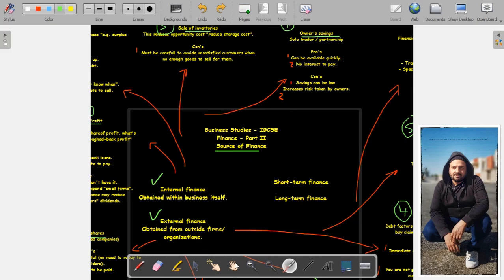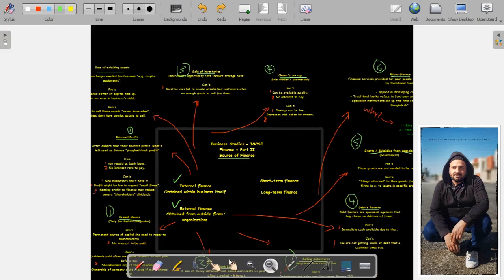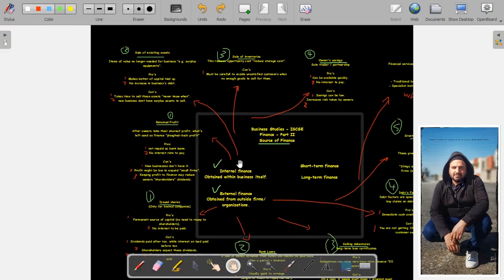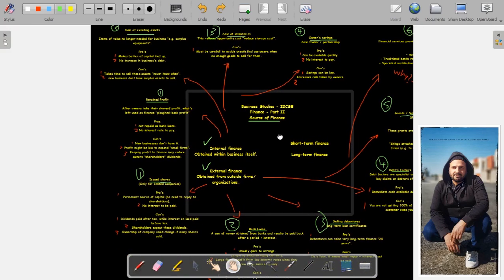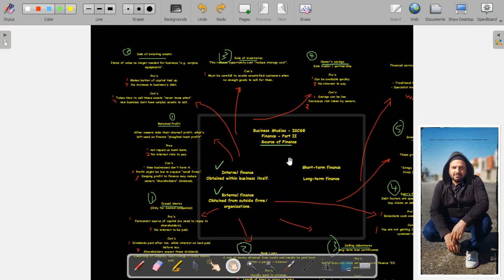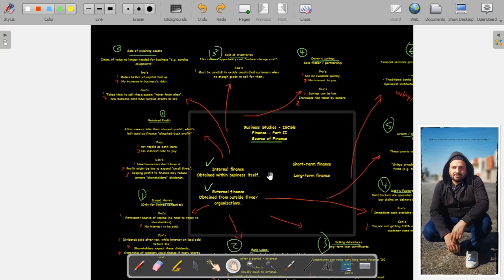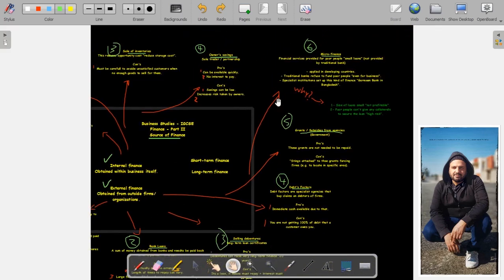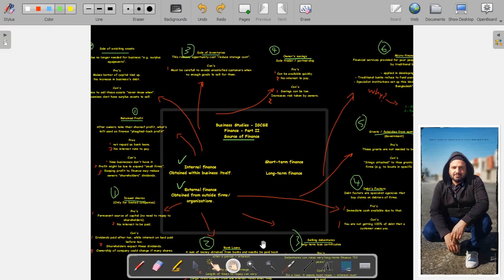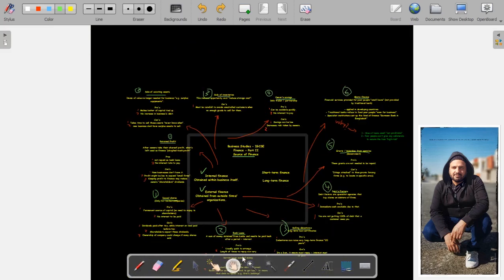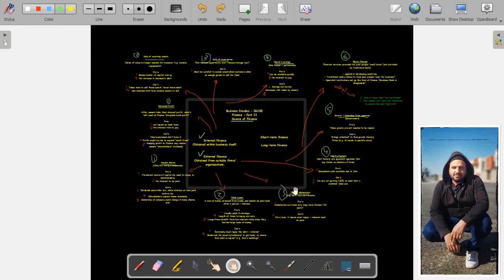But for now, you at least know the differences between internal and external finance. There are four methods of internal finance, and six methods of external finance. I hope that was beneficial for you and you understand this very complex topic.